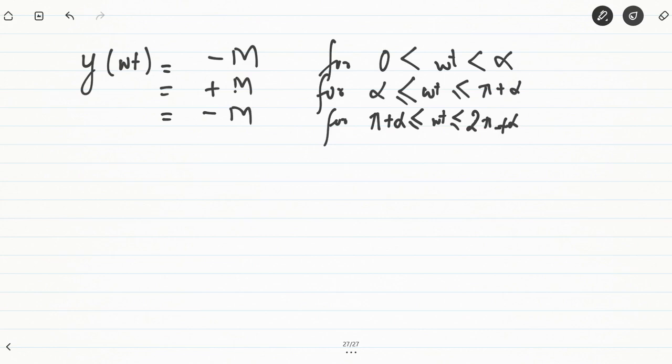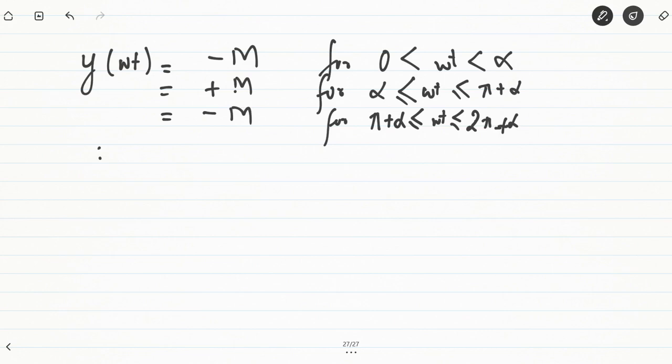Here y of omega t is a waveform shifted by an angle alpha, and it is neither an odd function nor an even function, but it has half wave symmetry.